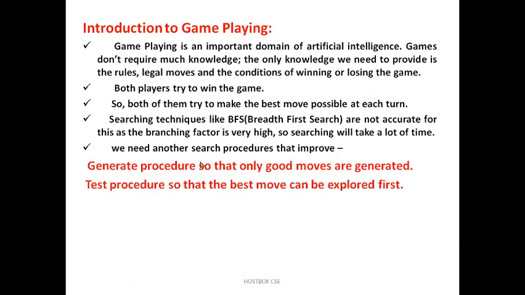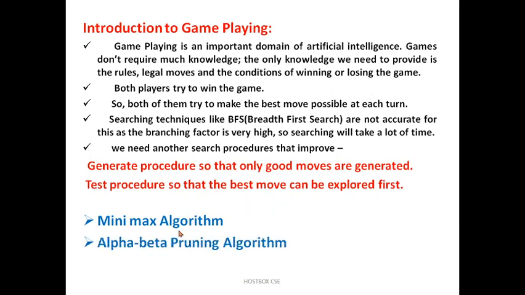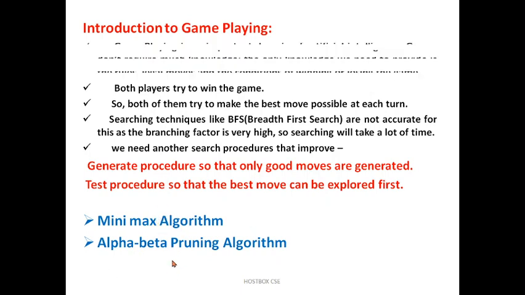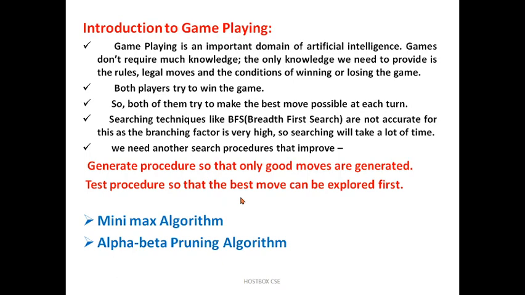There are two important things: a generate procedure so that only good moves are generated, and a test procedure so that the best move can be explored first. And there are two important algorithms in game playing: the minimax algorithm and the alpha beta pruning algorithm. These two algorithms I will explain one by one in the upcoming sessions.